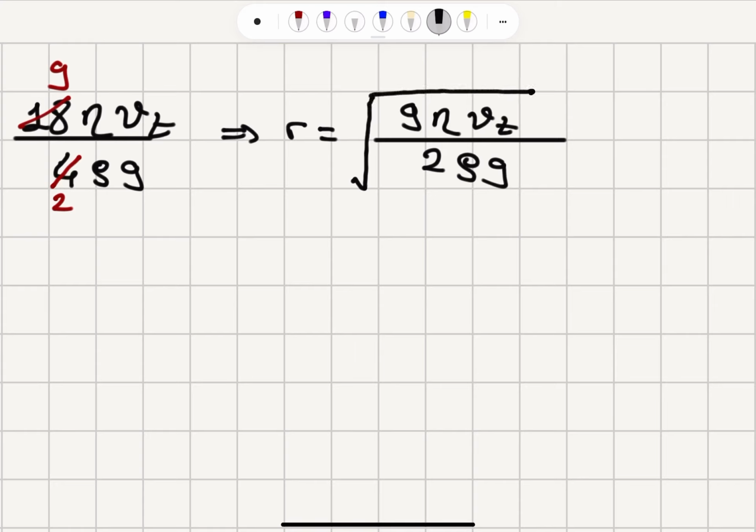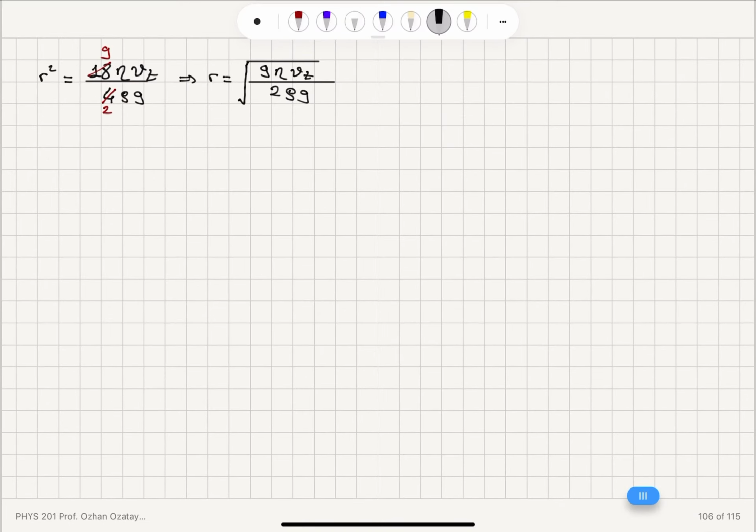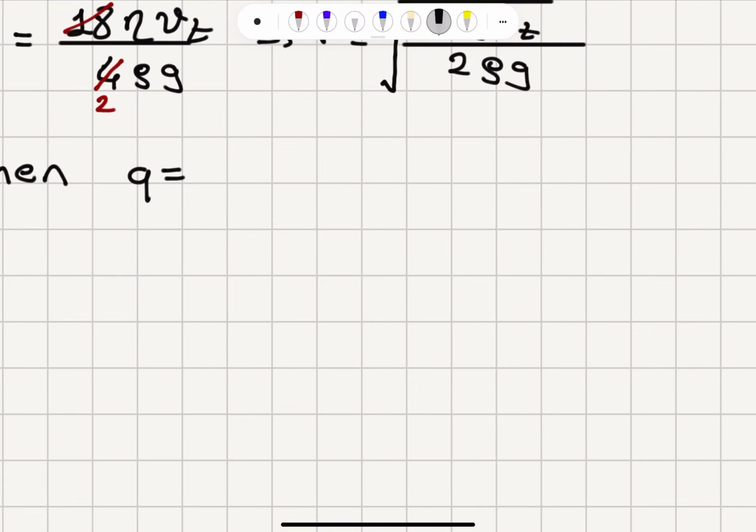All right. So if I go back to my result for the charge, then I'm going to write Q is equal to 4 pi over 3 rho g d divided by VAB.